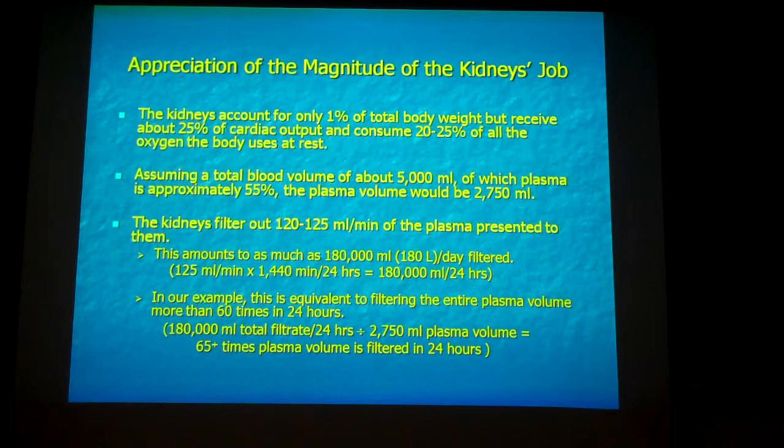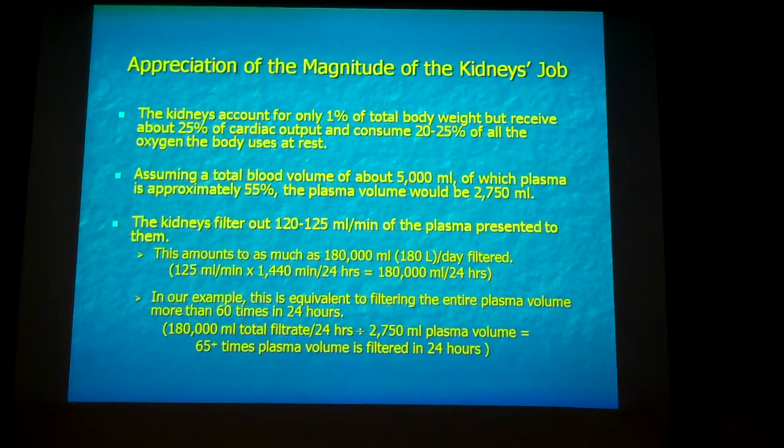It's 180,000 milliliters, or 180 liters, in 24 hours. That's a lot of fluid, isn't it? So, in our example, this is equivalent to filtering the entire plasma volume more than 60 times in 24 hours. Actually, it's more than 65 times in 24 hours in our little example right here.